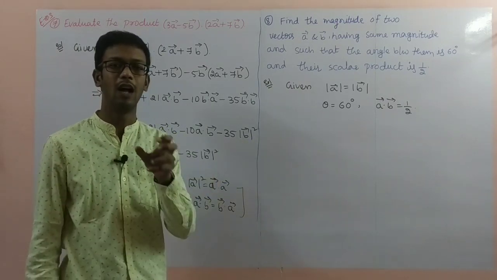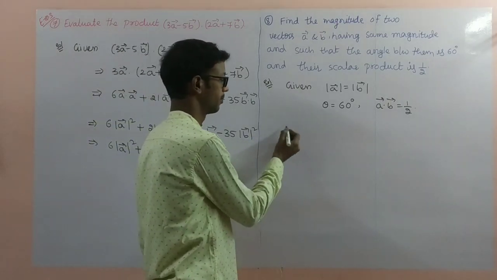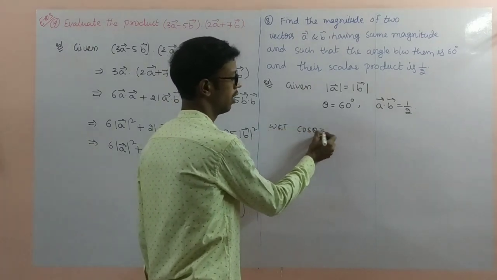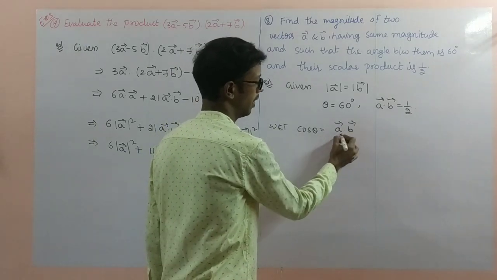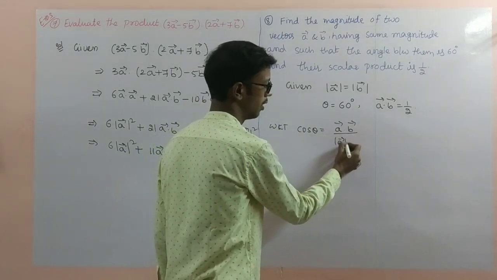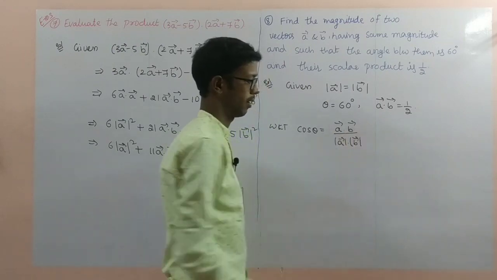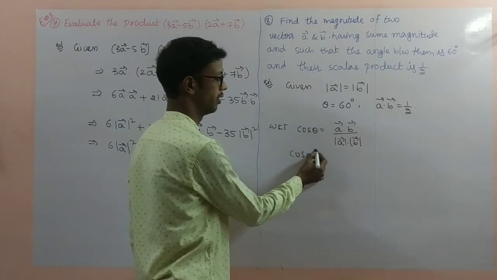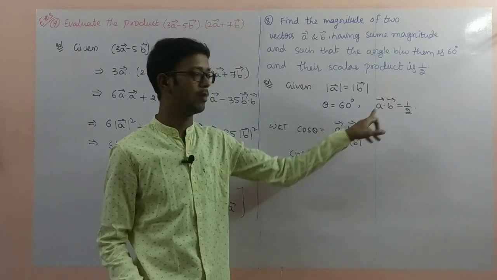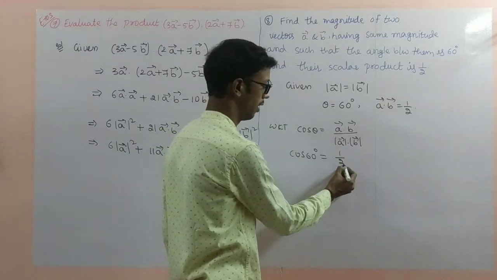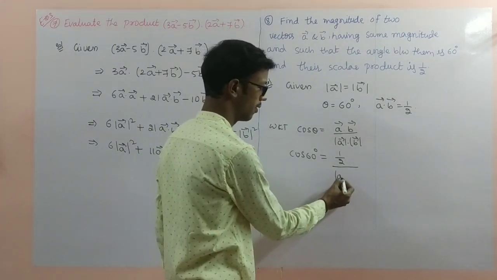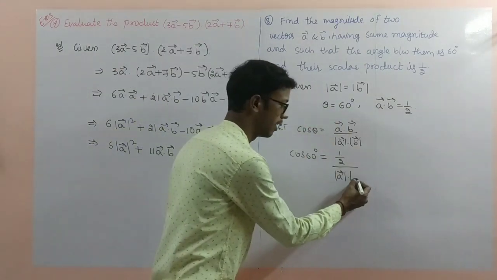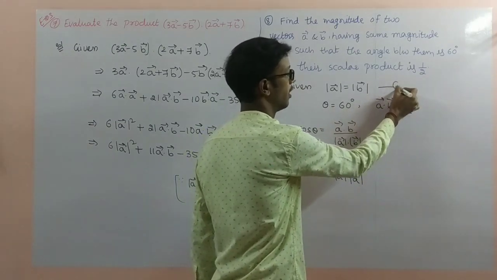Theta is there. For the angle between two vectors, we know that cos theta equals a bar dot b bar by magnitude of a bar into magnitude of b bar. So substitute all values here. Cos 60 degrees equals a bar dot b bar value 1 by 2, by magnitude of a bar into magnitude of b bar. Magnitude of b bar I am writing as magnitude of a bar, taking this as equation 1.